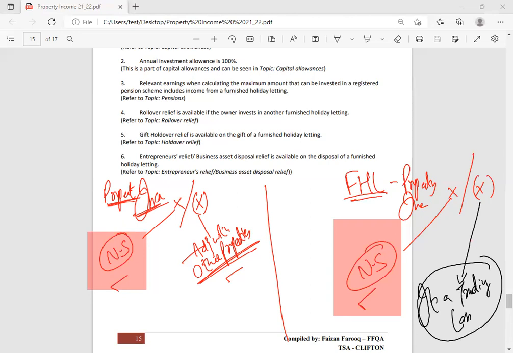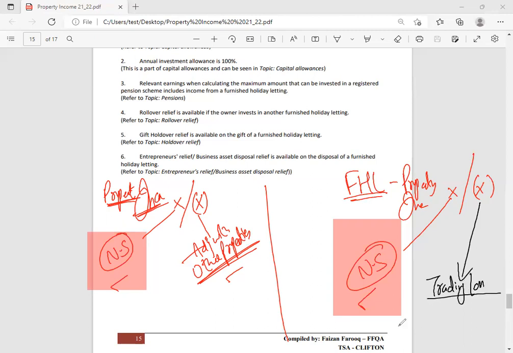The loss of FHL is known as a trading loss, and a trading loss is not allowed to be adjusted against other properties. This is the only difference we must consider till now.